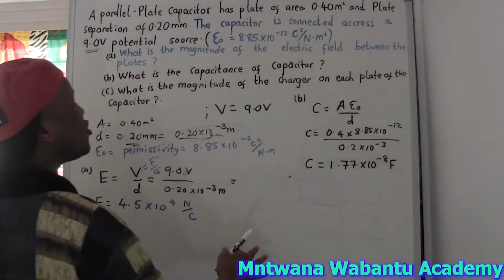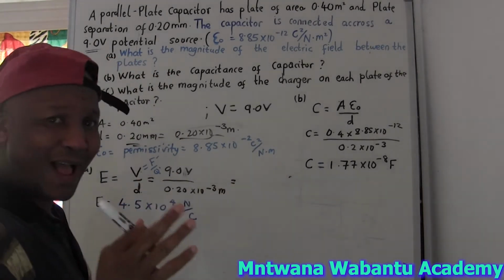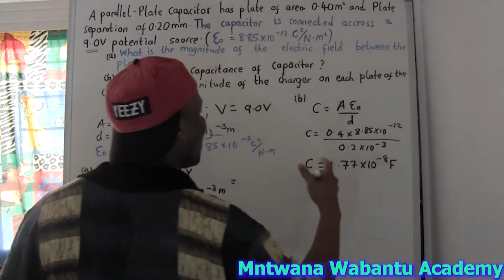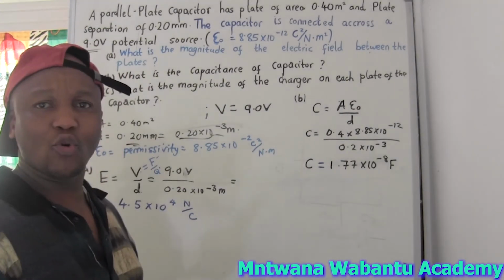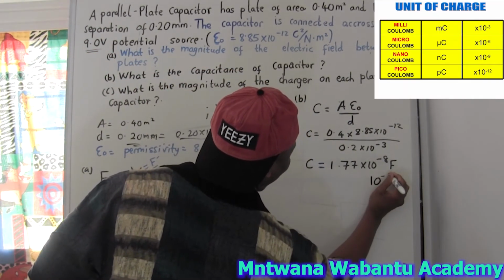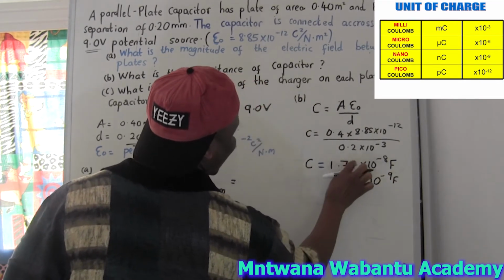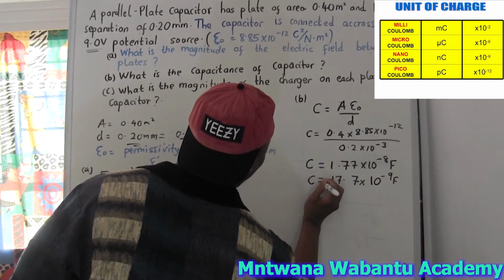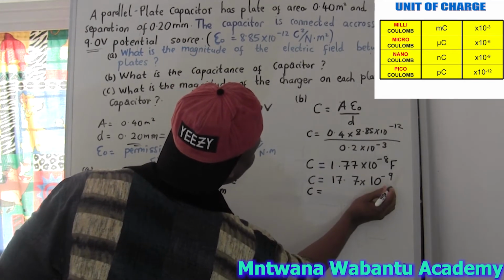Sometimes you can change this if you want. We know that if you want to change farad to nanofarad, it has to be 10 power negative 9. So if I make this 10 power negative 9 farad, the decimal moves, and it's going to be 17.7 nanofarad.